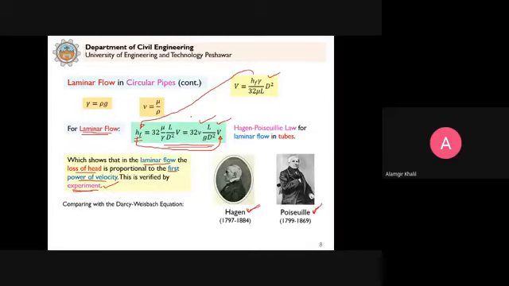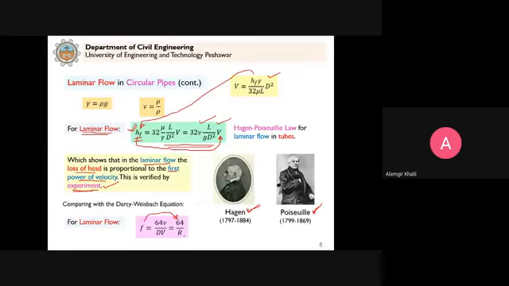Now comparing with the Darcy-Weisbach equation. For laminar flow, when you compare this HF with the Darcy-Weisbach equation, you will get the expression that F is equal to 64/R. When you compare this with the Darcy-Weisbach formula, F L by D into V square by 2G, you will get this F is equal to 64 by R. And this is what I said before, that we have a derivation for this equation.